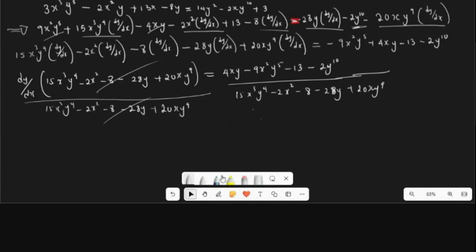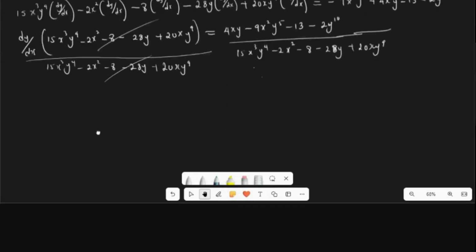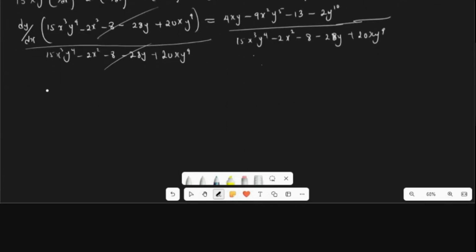So our dy over dx automatically becomes... Maybe just put equals dy over dx beside that. So I put it on the right. I should just go to the right and then put it here. Yeah, let's say dy over dx.